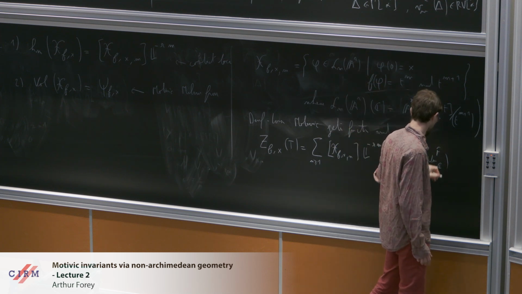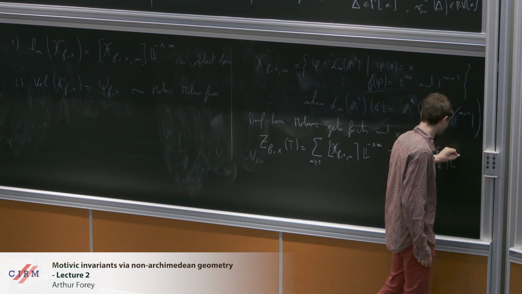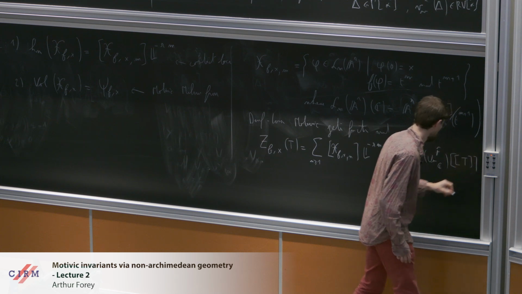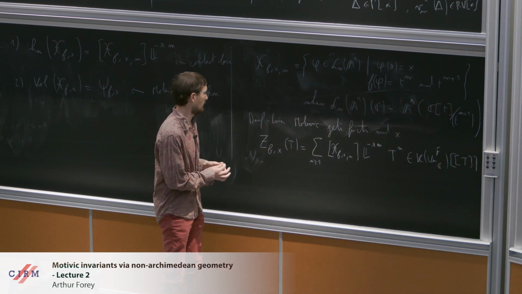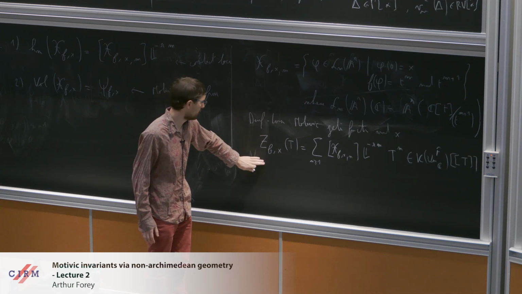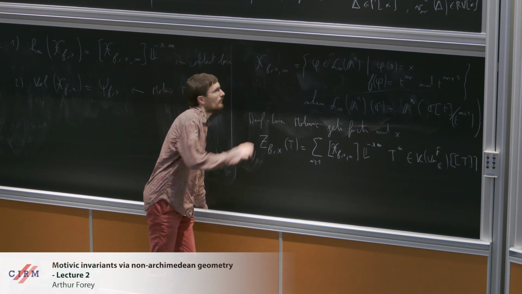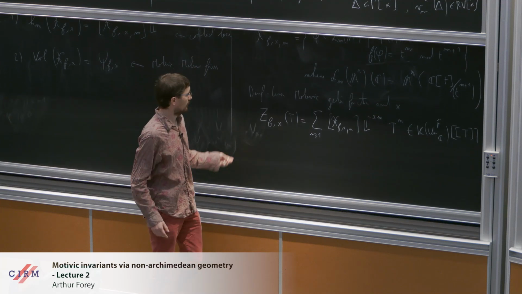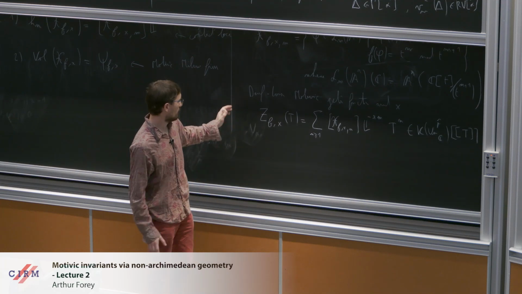So if you want, you can keep track of this action. But from Denef and Loeser's work, this is actually rational in a sense you can make precise, and we understand well the degree.